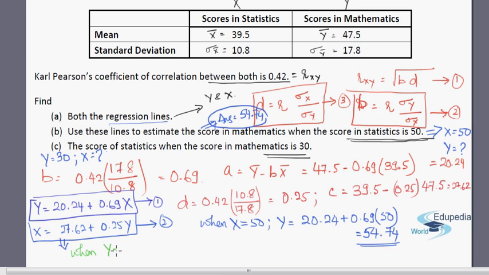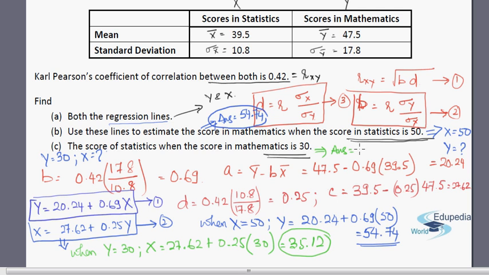When y equals 30, then x will be equal to 27.62 plus 0.25 multiplied by 30, and when you work this out you will get it equal to 35.12. Okay, and that's the answer for this part.